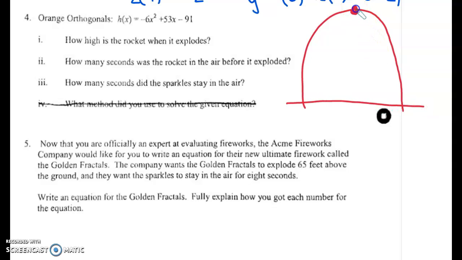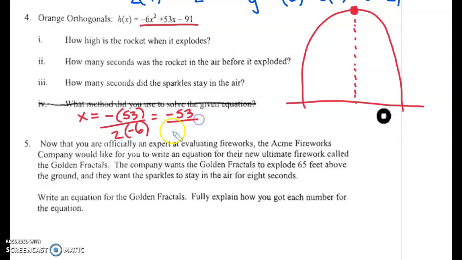Here's the vertex. It is in standard form again, so I need to do x equals negative b, where b is a positive 53, all over 2 times a, which is a negative 6. So I got negative 53 over negative 12.